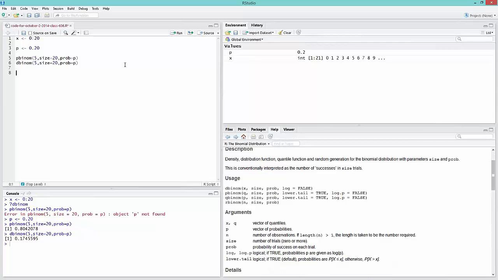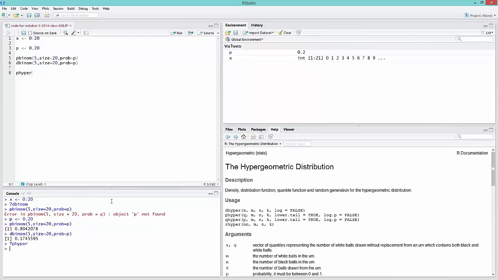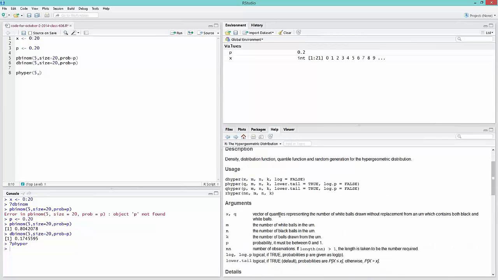If I use the hypergeometric distribution, I believe it's hyper. Let me verify that before I type it. Yep. So we would say 5, and instead of size, let's get these parameters right. The number of white balls in the urn is m, so m equals 100. That'll be the tagged deer.